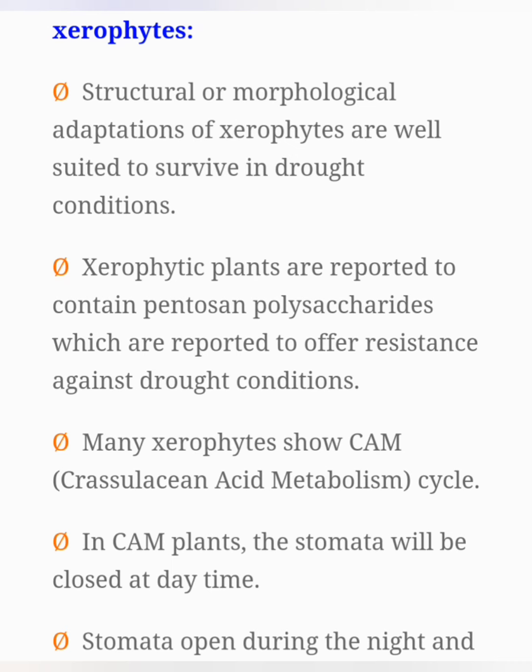So here, when there is water deficit in case of xerophytes, this water deficit actually stimulates leaf abscission as well as root growth. Here, leaf abscission means shedding of the leaf, that we have already discussed, that the leaves are greatly reduced and they usually shed in the dry season, right?